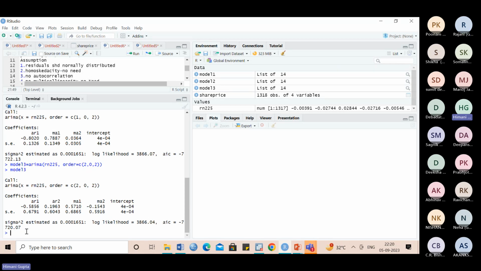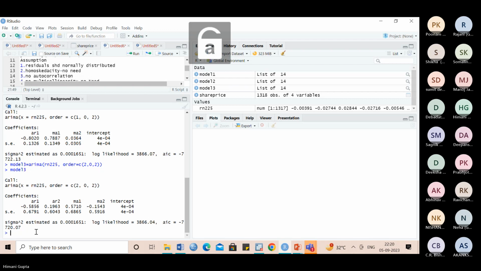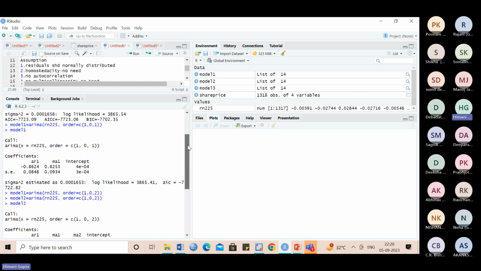Now, whatever model you have chosen as the best model, the further work will be done on that model only. If I'm saying that this model is the best model for me, let's say I just create a model, model is equal to, what was my original one?